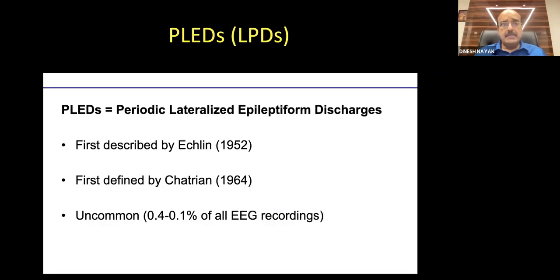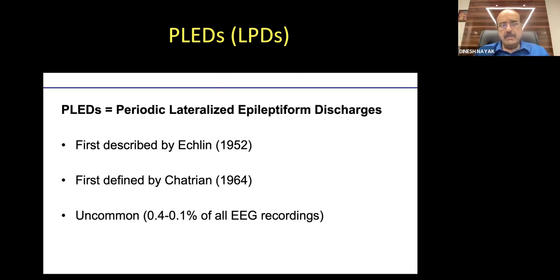Now, LPDs. You just have to take out the epileptiform from this particular terminology, but nevertheless, it's been known for a very long time. It was first described in 1952 and then properly defined in 1964.